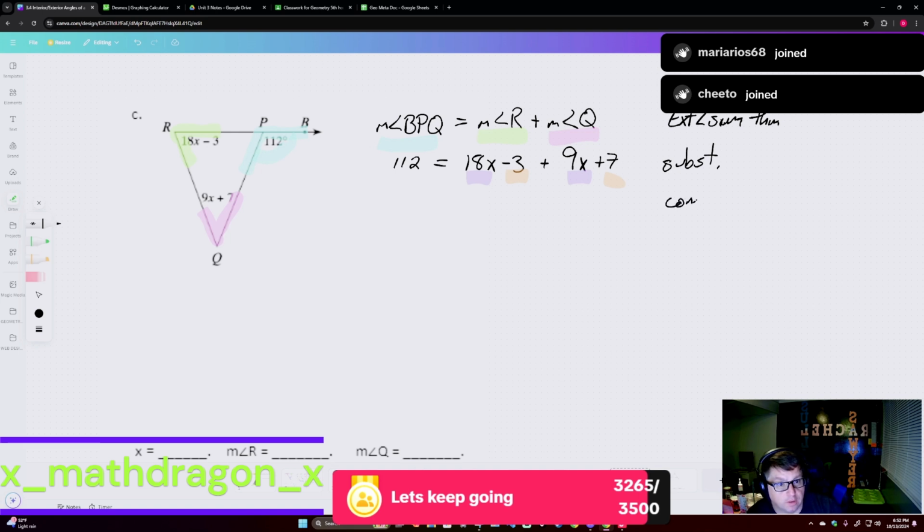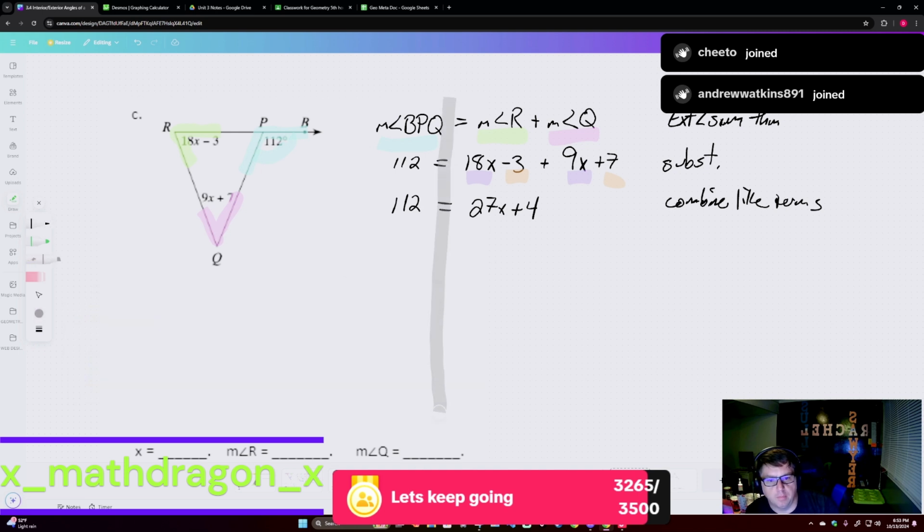Before I even do anything, that's what I'm going to write. Combine like terms. So I'm going to do 18x plus 9x. Well, that looks like 27x. And then 7 take away 3 is just going to be a positive 4. Still have 112.